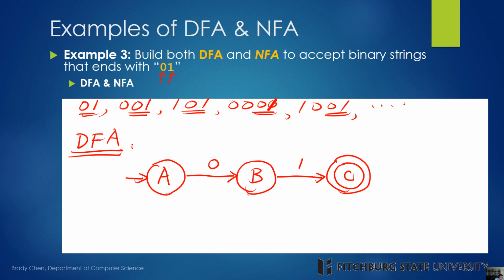Now, remember, we have to define the next state for every input value, for each state. So let's look at each of the states. Now if we are at state C, that's the accepting state, because the string ends with 01.